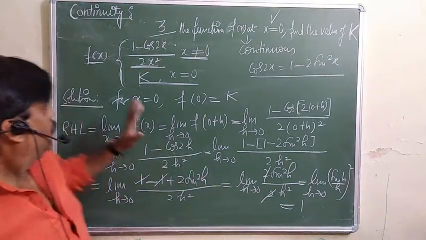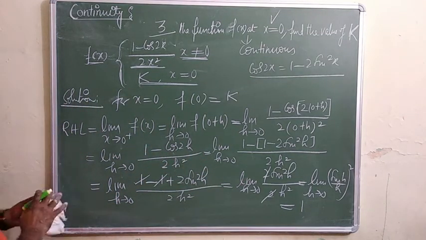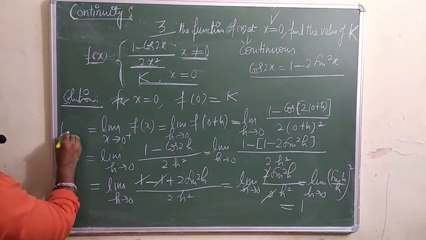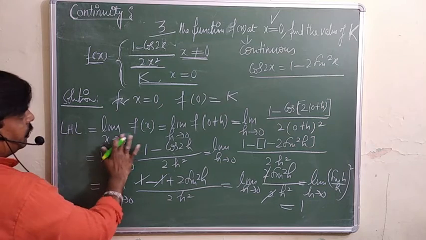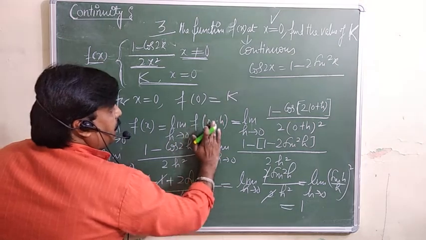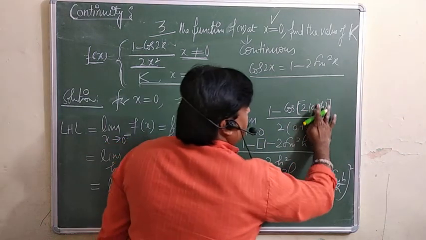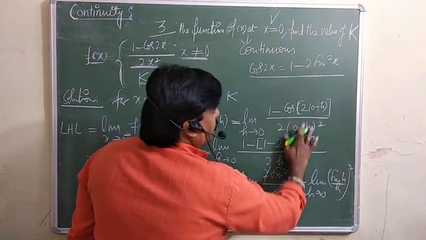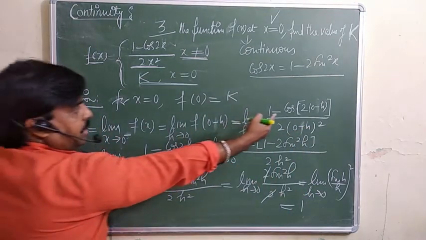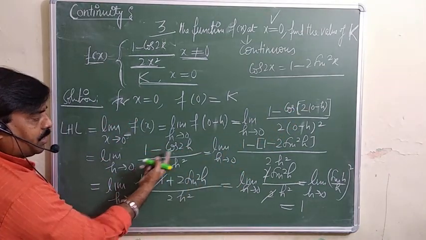Now similarly you have to check the left hand limit. I am going to change the slide here. For the left hand limit, it is the same thing: x tends to 0 minus, so it is 0 minus h. The cos 2(minus h) will remain the same, nothing is going to change.